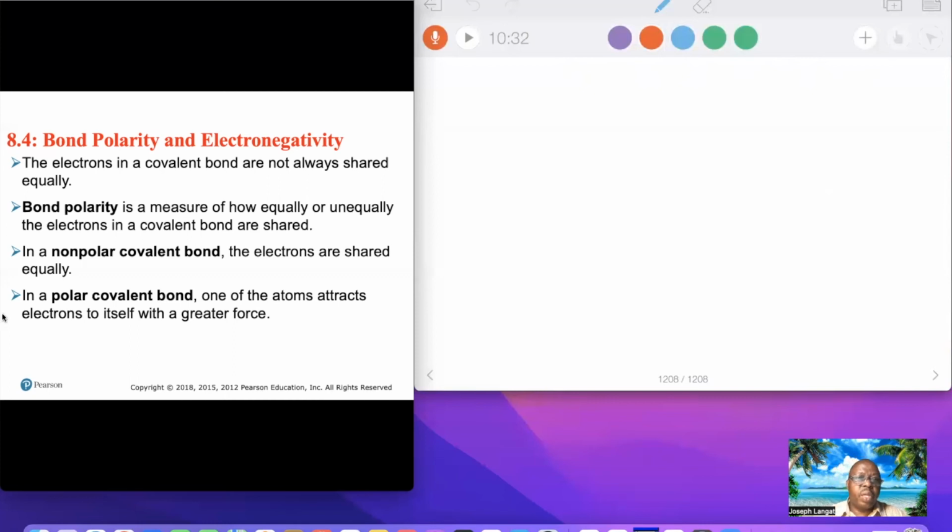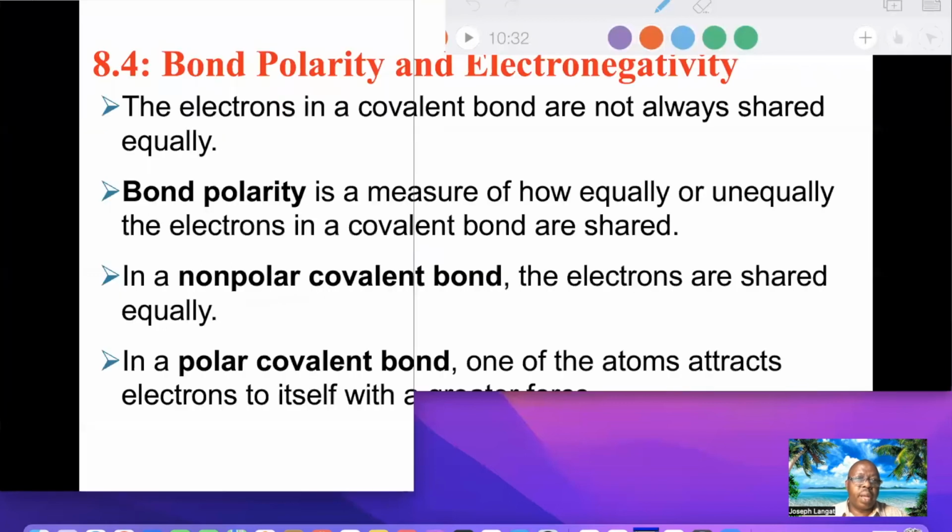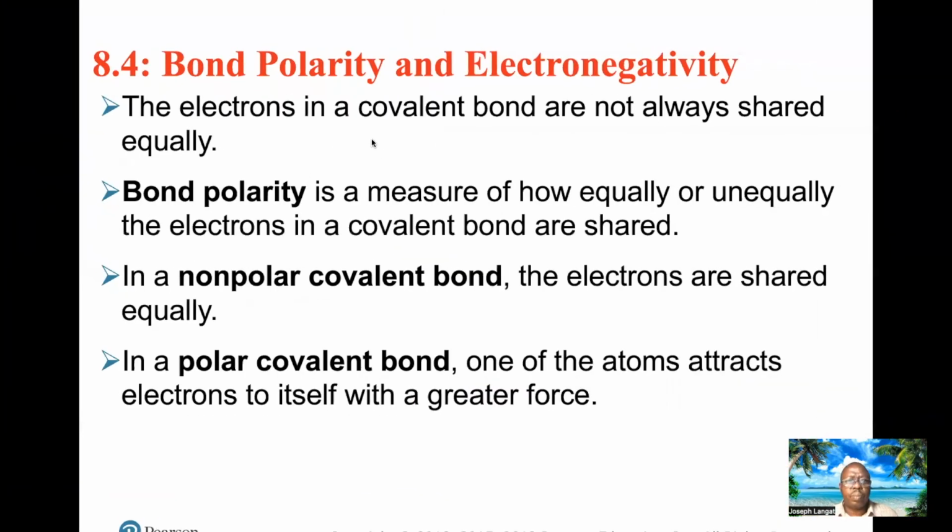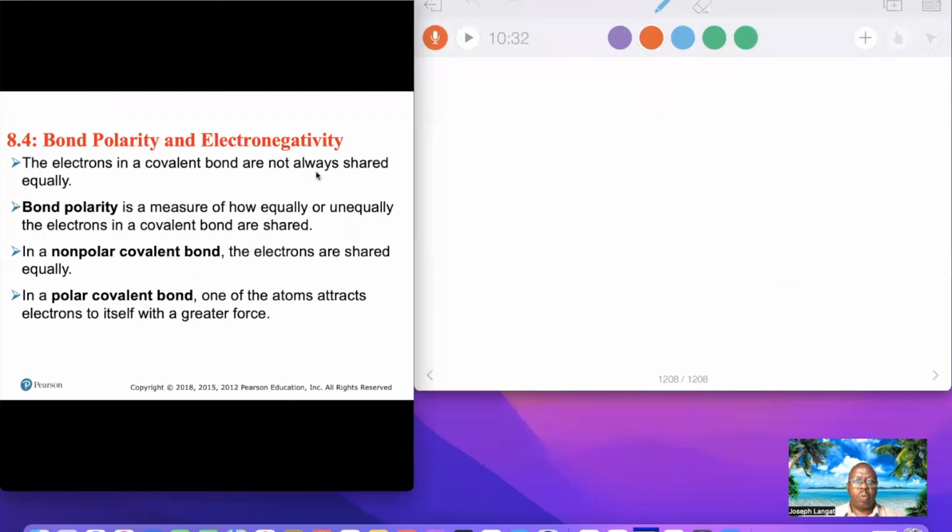So electrons in covalent bonds are not always shared equally. Why? It's because of what we call electronegativity, all right? The reason why there is unequal sharing is because of electronegativity, which we'll see later in a few minutes. Electronegativity.